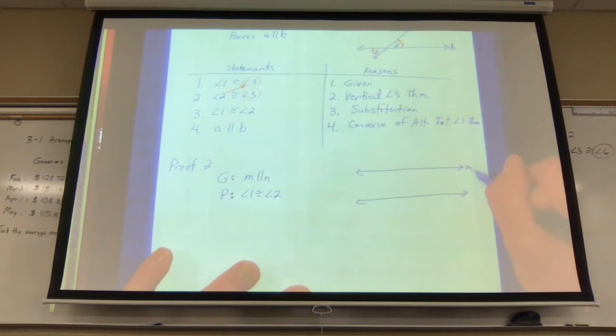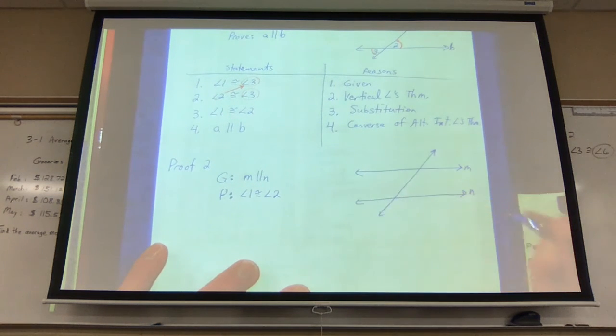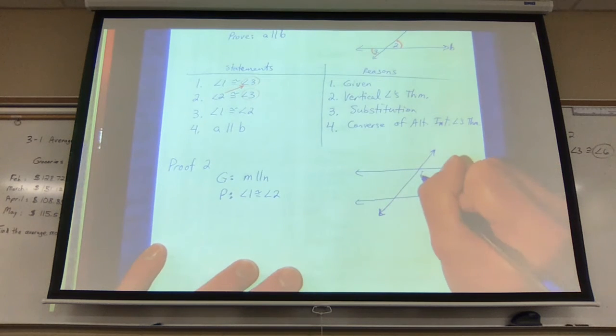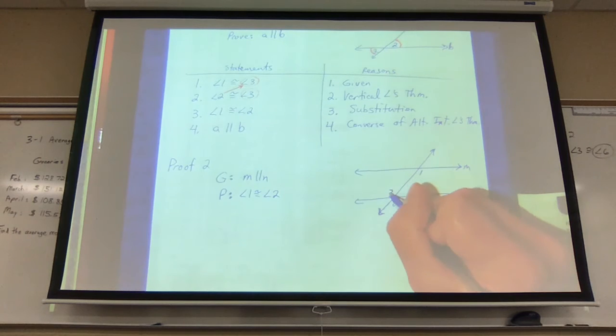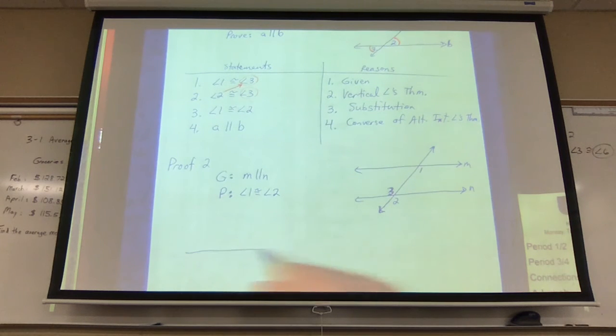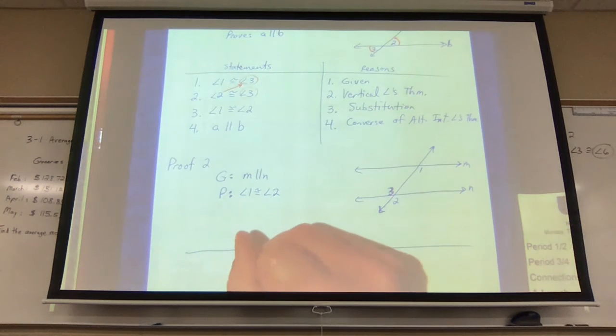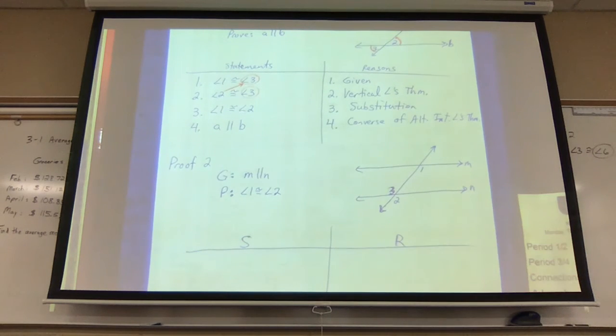This time we have M and N, with a transversal coming through. And again, we'll have 3 angles on here. This time our angles are 1, 2, 3 in those spots. And we're going to come up with the proof. I'm going to put capital S for statements, capital R for reasons.